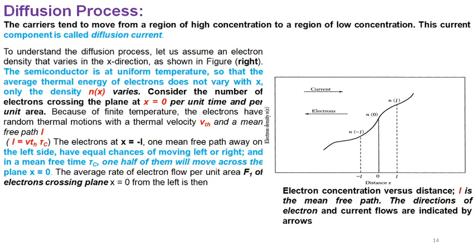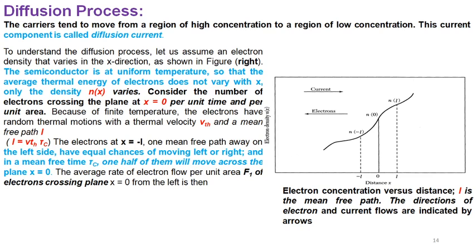Consider the number of electrons crossing the plane at x equal to 0, per unit time and per unit area. The electrons have random thermal motion, with thermal velocity V_th, and the mean free path length L is equal to V_th times tau_c.